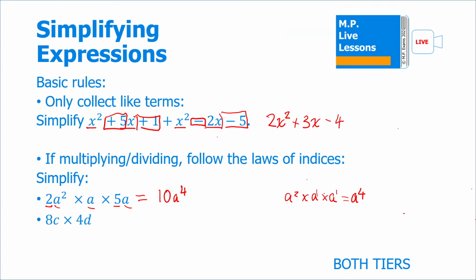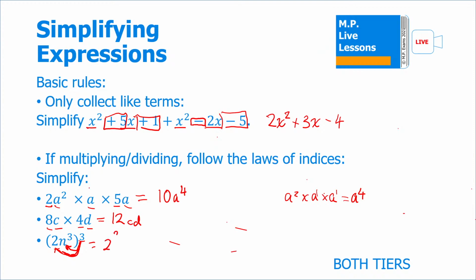Next example is this. So we start off with our normal numbers. 8 times 4, 12. And we have our c times our d. So just cd, because they're different letters, they can't combine together. And lastly, this here. So this power of 3 will apply to everything inside it. It's almost like expanding a bracket. So this will apply to the normal 2. This will also apply to that n cubed thing.